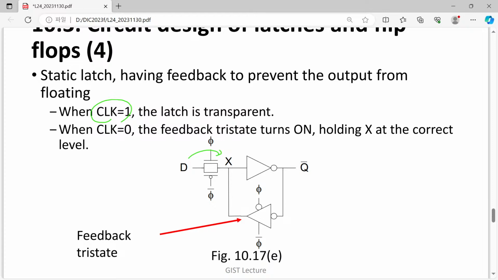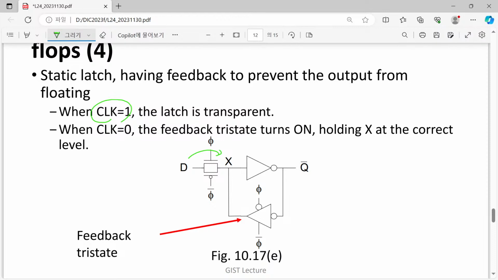Then please note that here we have a feedback tri-state, and it is enabled by clock bar, not exactly clock. So when clock equals 1, then clock bar is entered into this one.